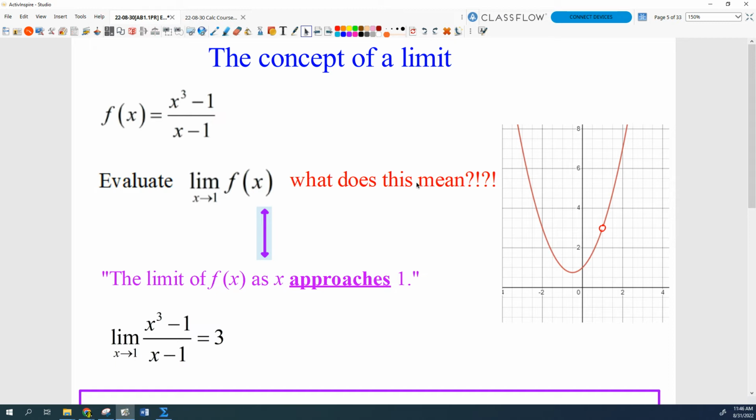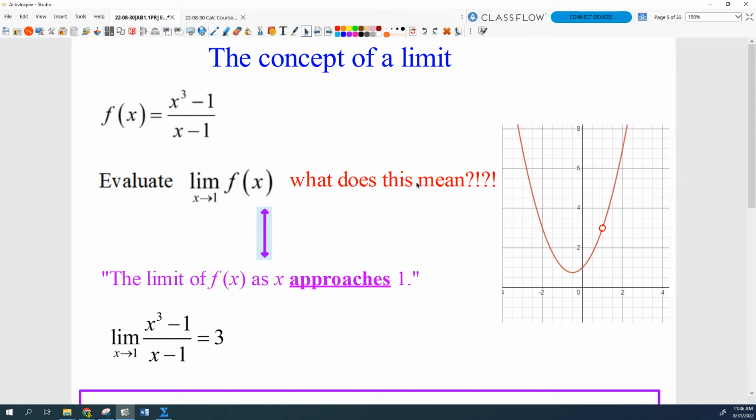Okay, here's why. Because as the value of x that we're inputting into the function gets closer and closer to the number 1, we're asking the question, what is the value of the function, meaning the y value, right? What is the y value of the function approaching? Okay, would you agree that it's approaching 3?